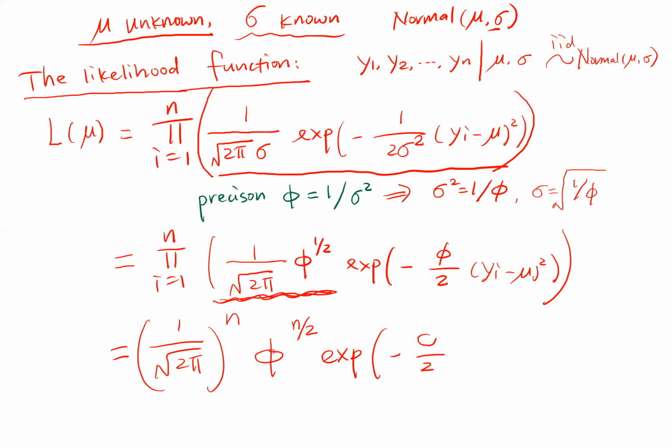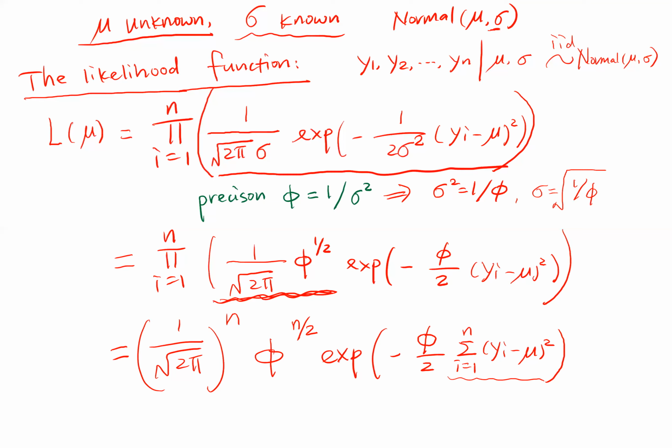So we come to the term that is going to be the sum in the exponent. Because phi doesn't change with the index, the only sum is over here. Make sense? Convince yourself that this is true.